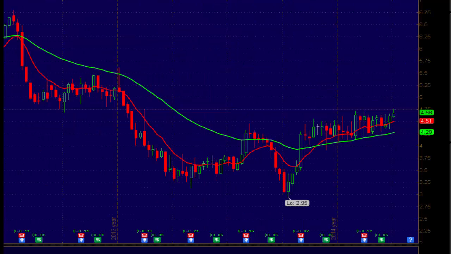Okay, so we're going to look at stock EarthLink, ELNK, Eric, Larry, Nancy, Karen. This is a weekly chart, and this is since July of last year. And I guess the first thing that we could note here is kind of a reverse head and shoulders.